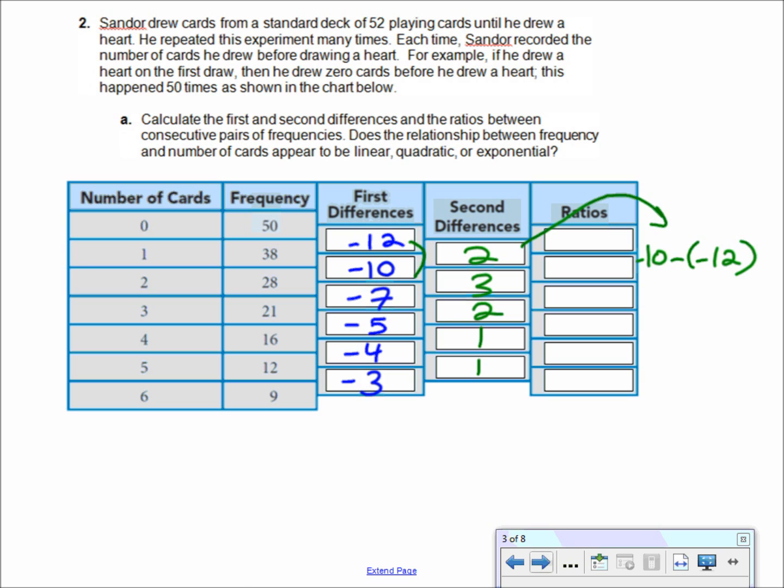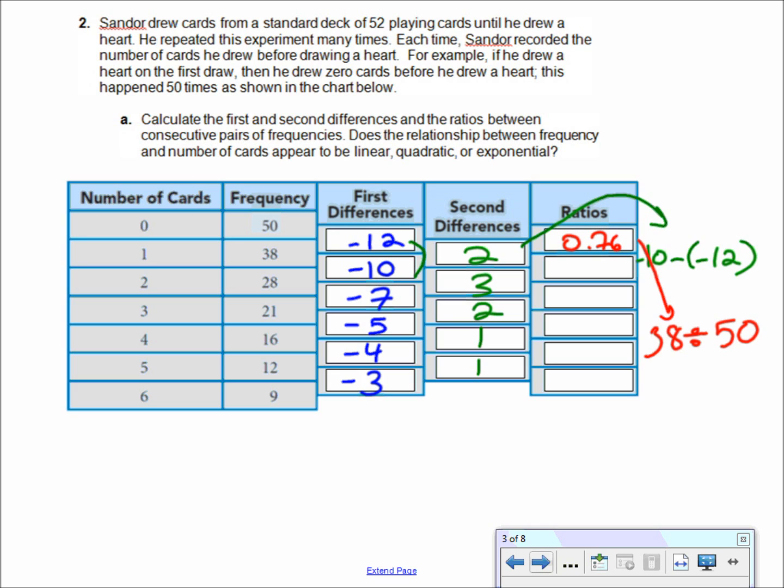So here, it should be 38 divided by 50. Keep a couple decimal places here because you're looking for most consistent. If you round to one decimal place, you're not going to see if it's constant or not. So 0.76.